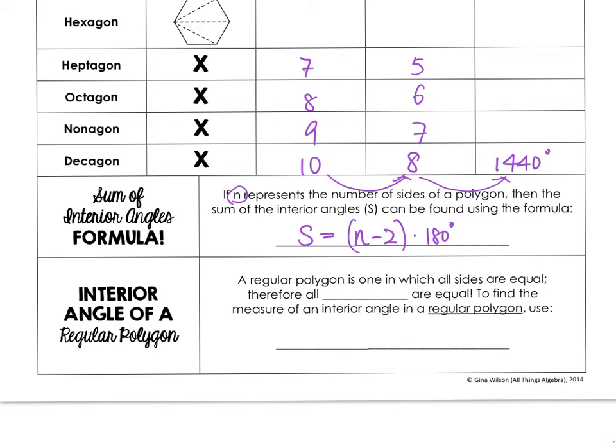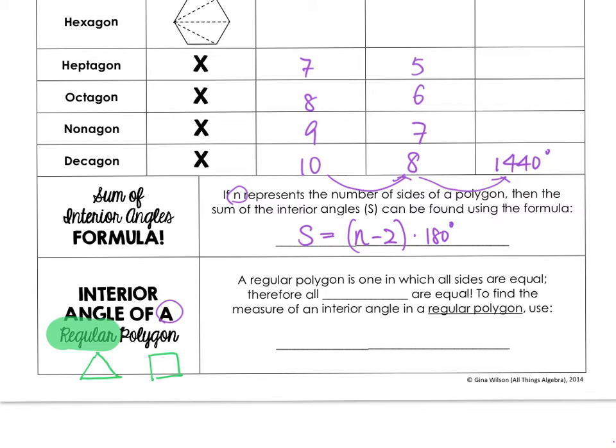Okay, so if I ask you to calculate the interior angle of one regular polygon, what is a regular polygon? If you recall, a regular polygon is one with all sides being equal. So a square is a regular polygon.